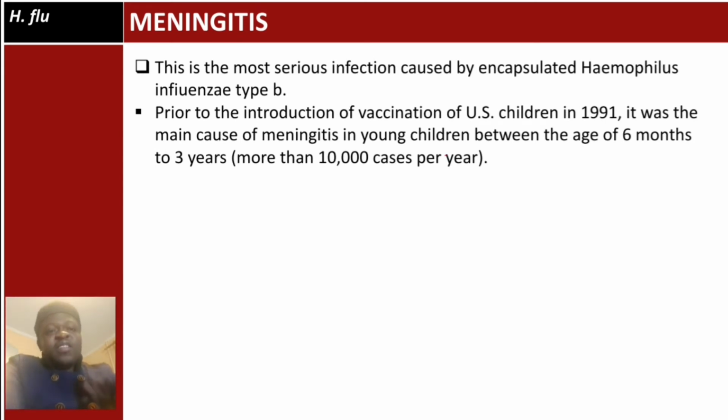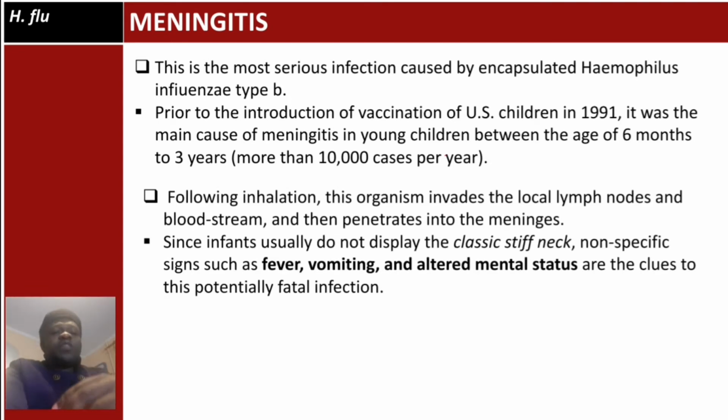Meningitis is the most serious infection caused by encapsulated Haemophilus influenzae type B. But now there is a vaccine for Haemophilus influenzae type B. Prior to the introduction of vaccination of US children in 1991, it was the main cause of meningitis in young children between the ages of 6 months to 3 years. More than 10,000 cases per year were recorded.